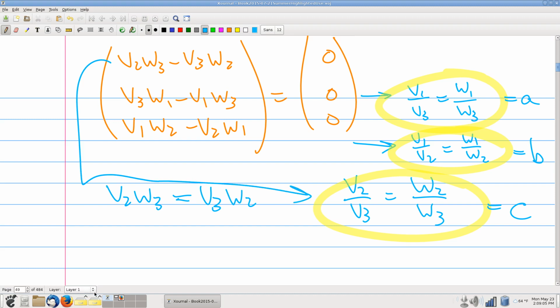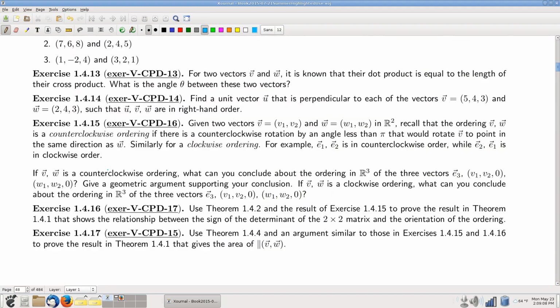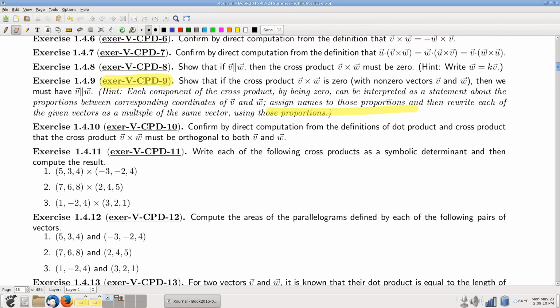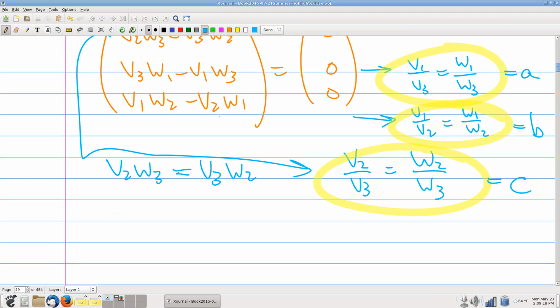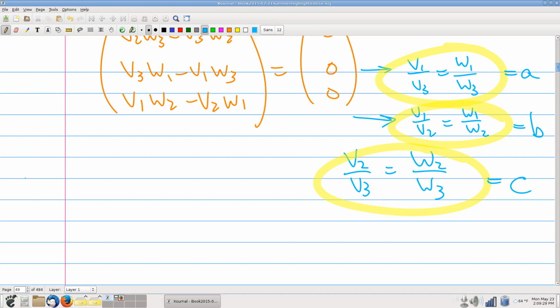Next part of the hint: rewrite each of the given vectors as a multiple of the same vector. How am I going to do that? What can I say about V?